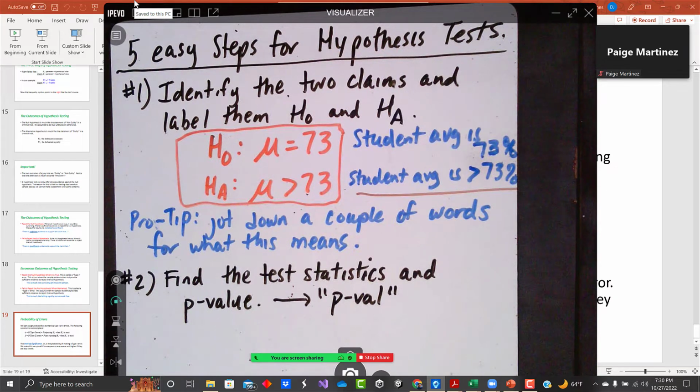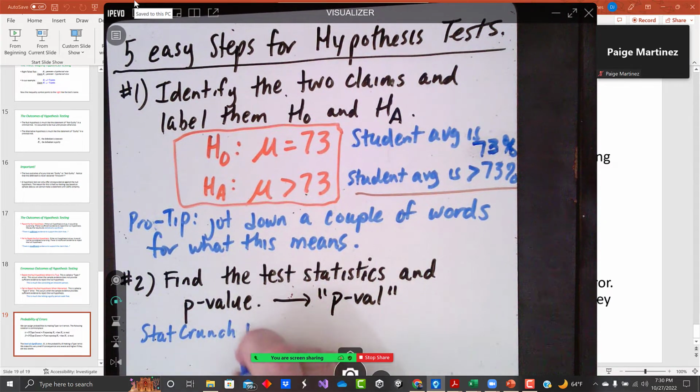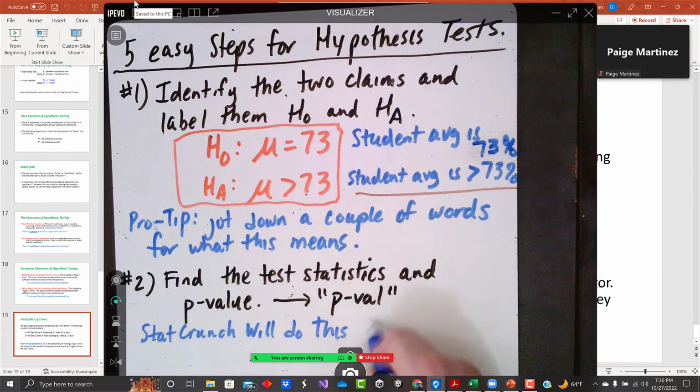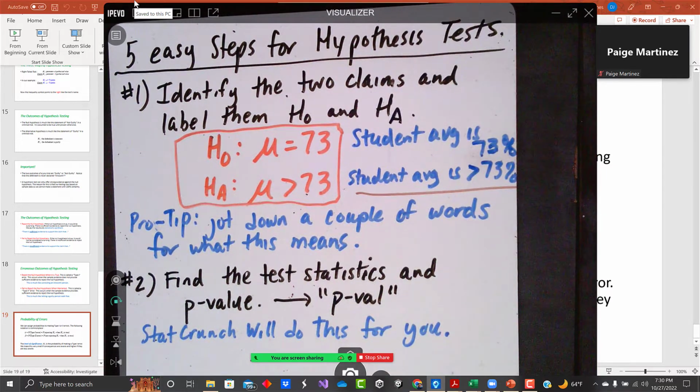This is called the p-value. Good thing to know about this: StatCrunch will do this for you. And I'll show you as we're doing each section how that works.